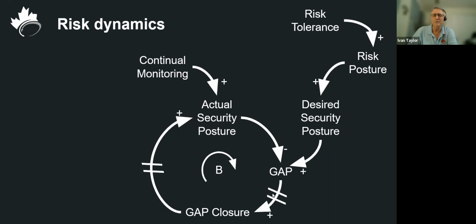And with some time, you can close the gap by applying resources and allocating resources differently. And then with time, that improves the actual security posture, and you monitor the posture continually, and eventually, hopefully, you close the gap between the actual security posture and the desired security posture.